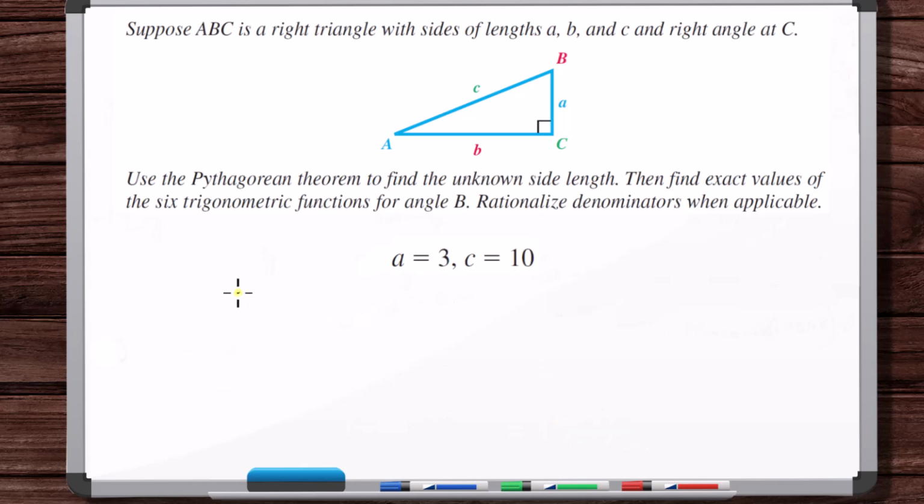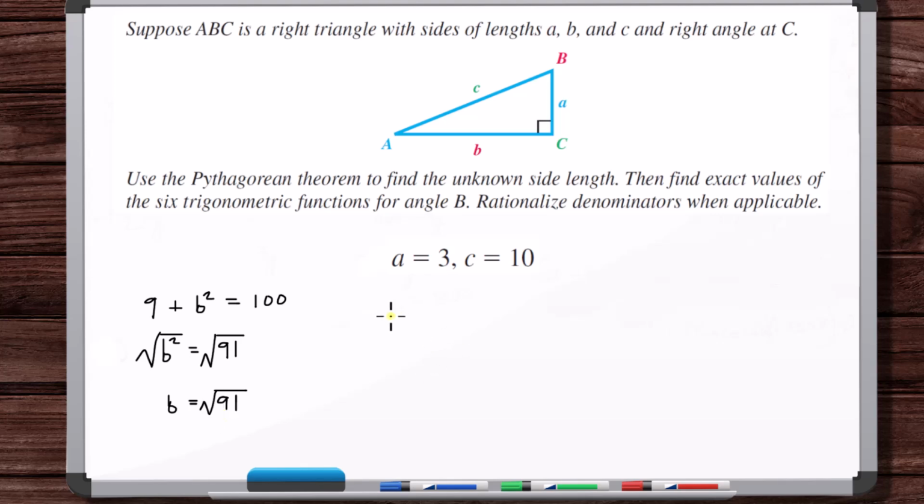Okay, so we need to solve for b. a squared plus b squared is equal to c squared. So b squared is equal to 100 minus 9, which is 91. So b is equal to root 91.